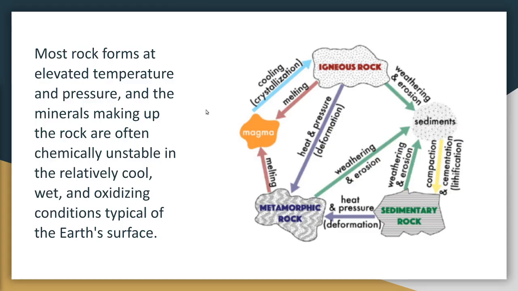Coming to the surface, which has a much lower pressure and a much lower temperature, the rocks are not in equilibrium with the environment that formed them. So they have to go through processes, which are weathering and erosion in this case. Chemically unstable rocks are relatively cool and oxidizing.